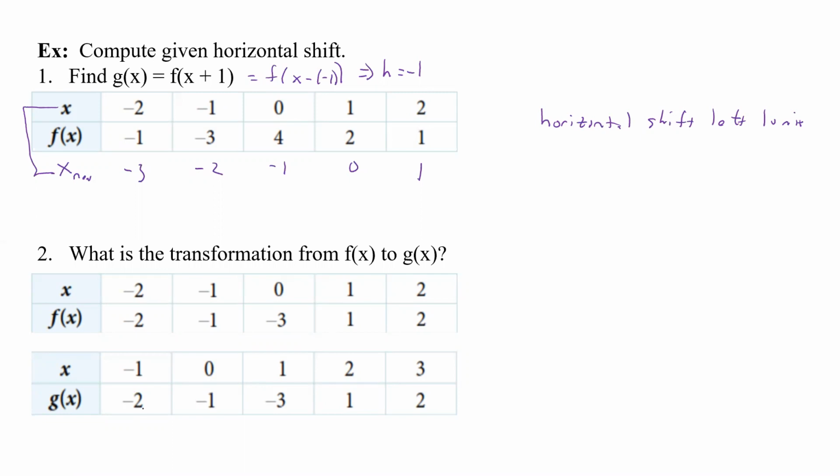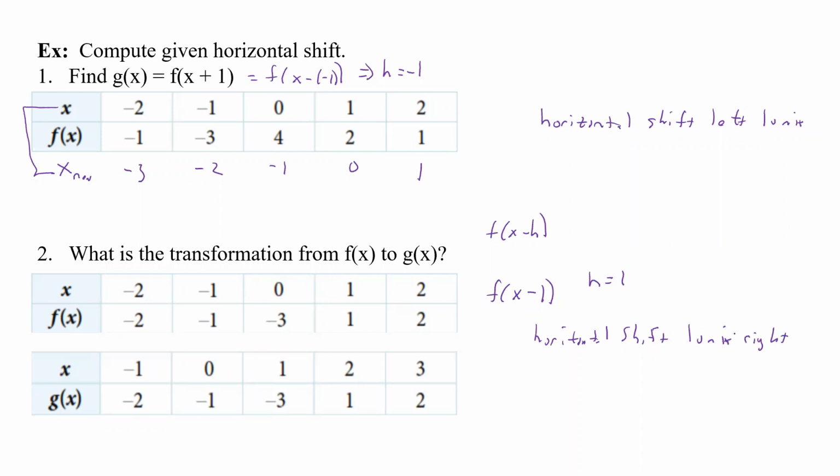Now this time we look and we see, okay, our f of x and g of x are the same, so now we have to look at the inputs. So we're going from negative 2 to negative 1, or from 2 to 3. So it looks like what happened here is we have f of x, and now we're going to have minus 1, because now the normal function is f of x minus h, and since we're adding 1 to each x value, then h is equal to 1, and so therefore it's going to be a horizontal shift 1 unit right.